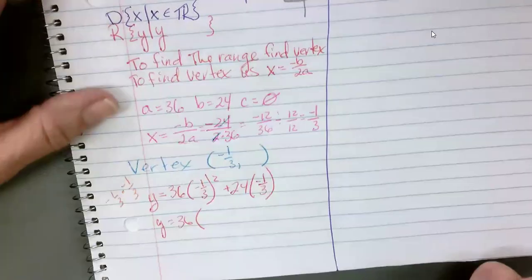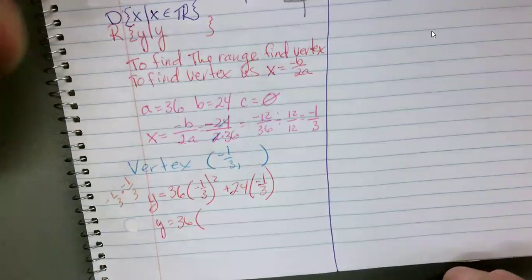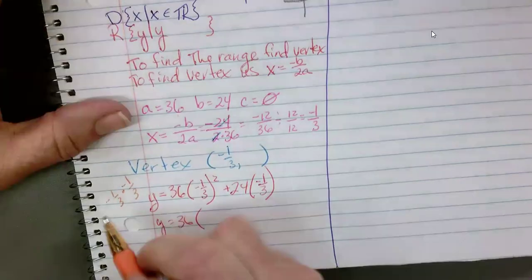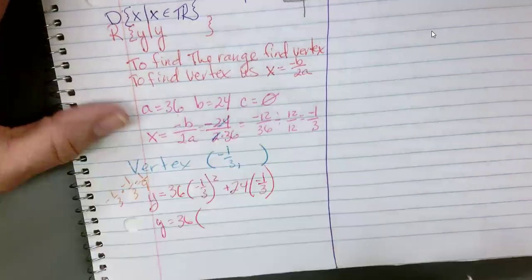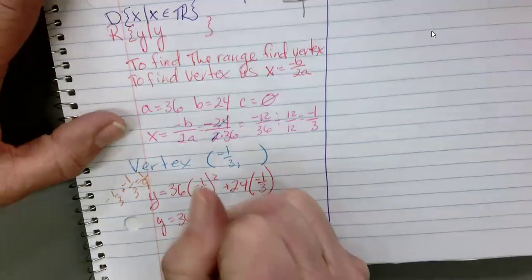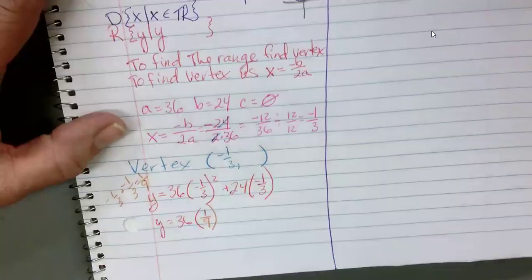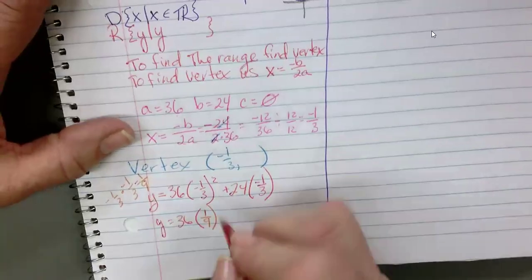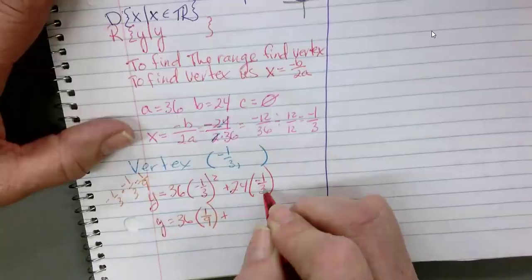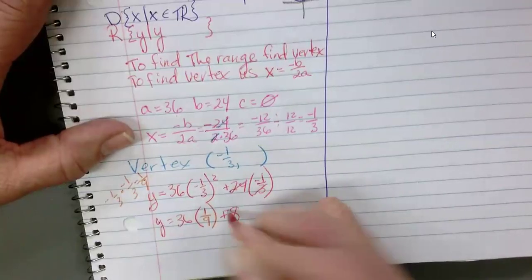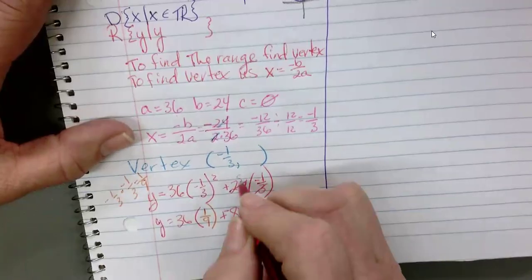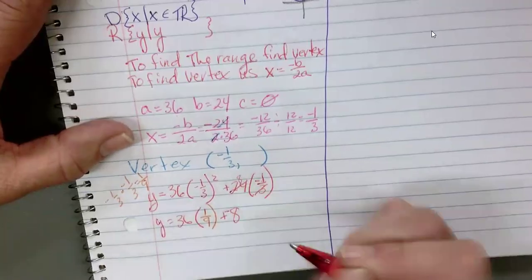Because that's what squared is, the same thing times itself. Negative 1 times negative 1 equals 1. 3 times 3 is 9. So I'm going to put that in here. Plus 24 divided by 3 would be 8, and it would be a negative 8 because 8 times negative 1 is negative 8.